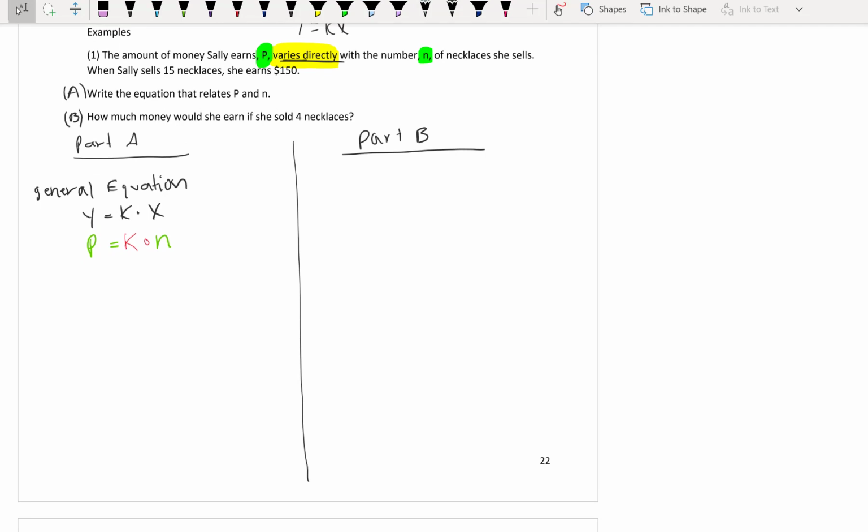They also give us some information: she sells 15 necklaces and earns $150. So the number of necklaces, N, is 15, and she earns $150, which is your P amount.